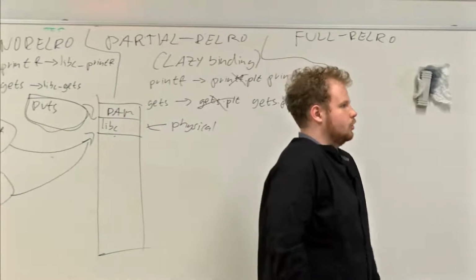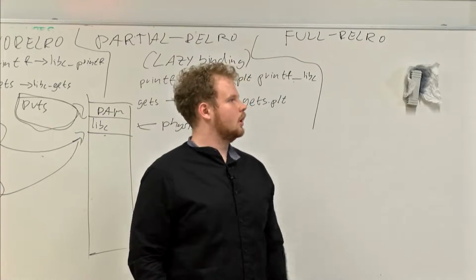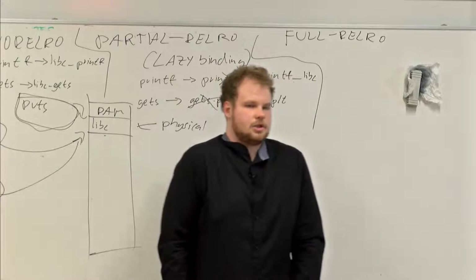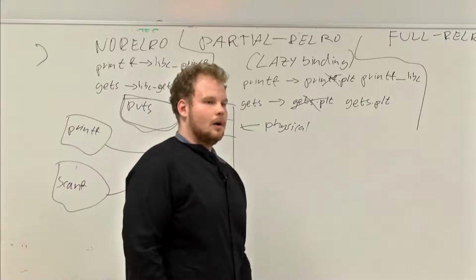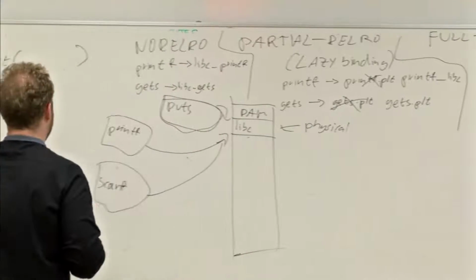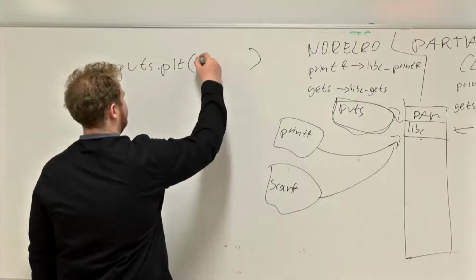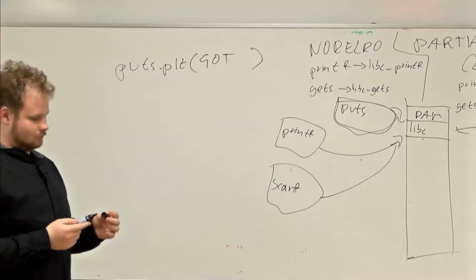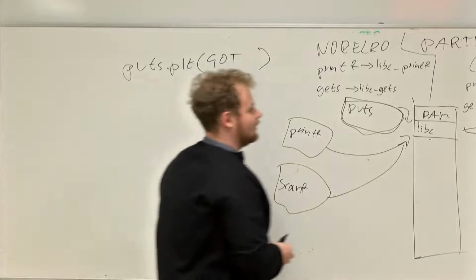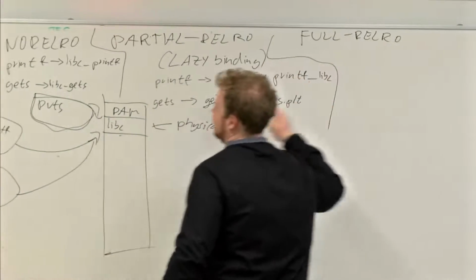If we just call puts with nothing, it will take whatever is in the RDI register and take that as an argument, whether it's a valid memory address or not. The address of the GOT table. Great. So should I just say GOT? Exactly. Yeah, you got it. You figured it out.